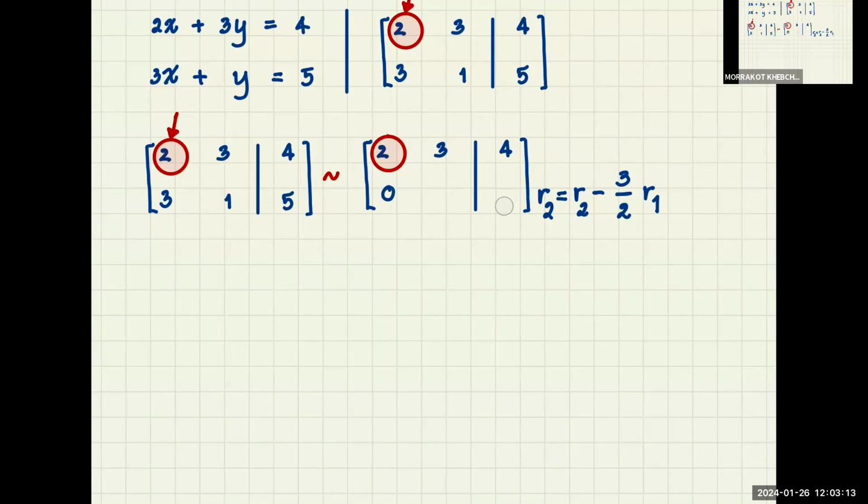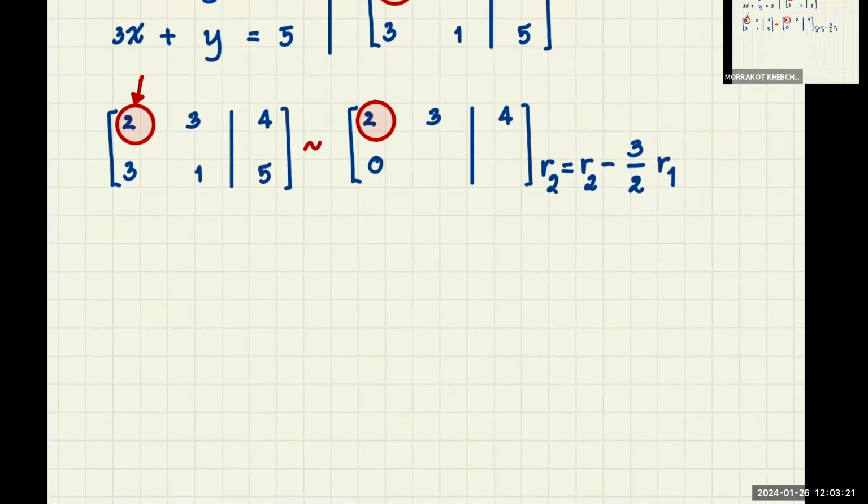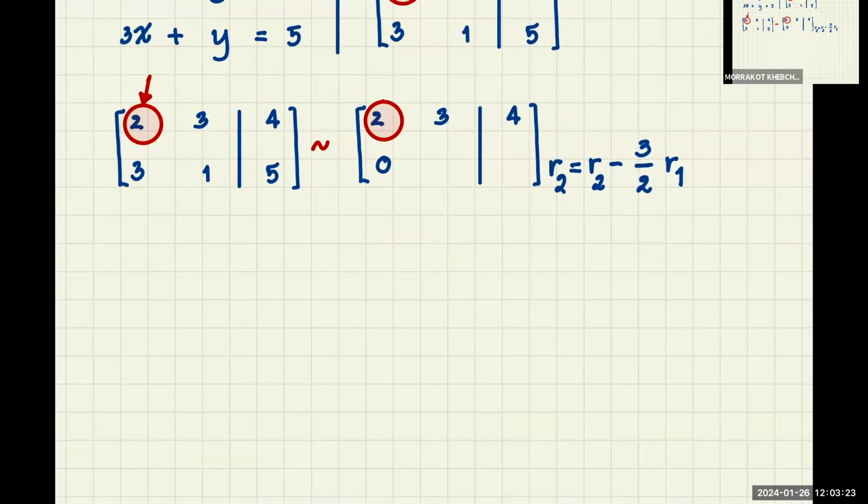You will use the same row, the same formula for every column. Okay. So the second column you will have 1 minus 3/2 times 3.